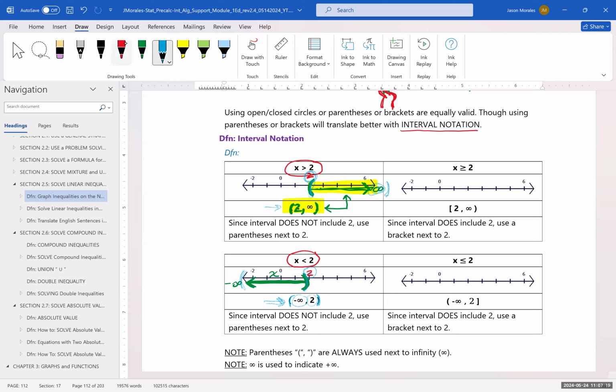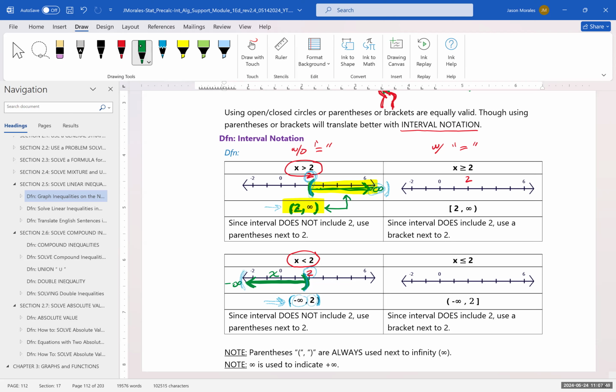Okay, so let's look at a new example. We can have inequalities without equals in them, but now let's look at some inequalities that have equals in them. Here we've got x is greater than or equal to 2. So here's 2.